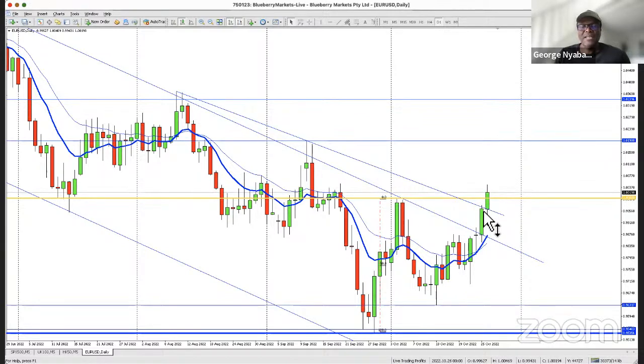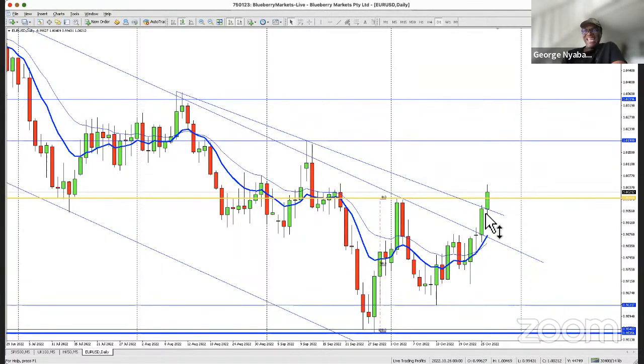There's another channel that you ought to draw into the market. From that high in August, you connect to that high in September, the channel line comes here. So yesterday we tested this, and today we're breaking above it. So this is good for the bulls.